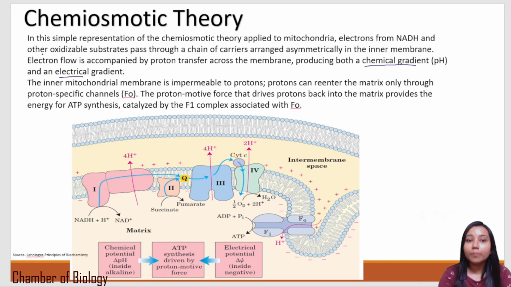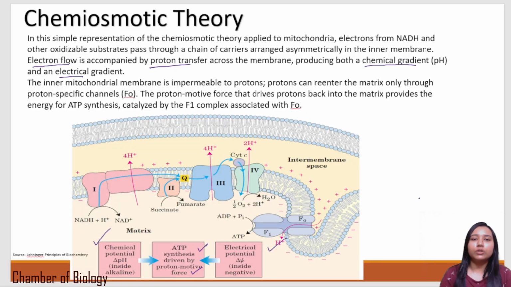How is it forming? Because of the electron flow which is accompanied by proton transfer. So not only is there electron flow, proton transfer also takes place. So the chemical gradient and the electrical gradient are going to help in ATP synthesis, which is driven by the proton motive force.